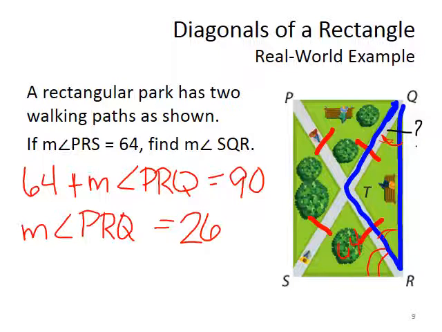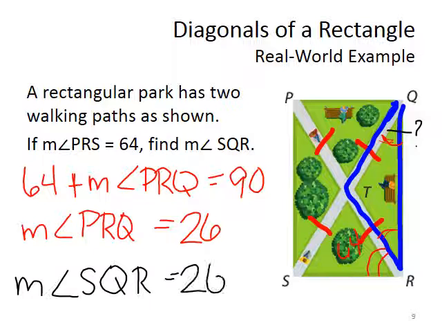So that's angle PRQ, but we want angle SQR. Fortunately, that is congruent to angle PRQ, so the measure of angle SQR is the same thing, 26 degrees.